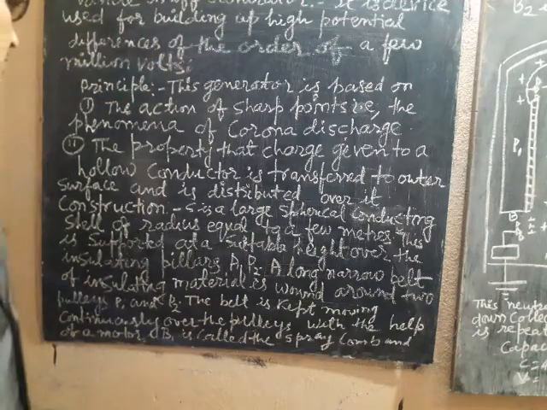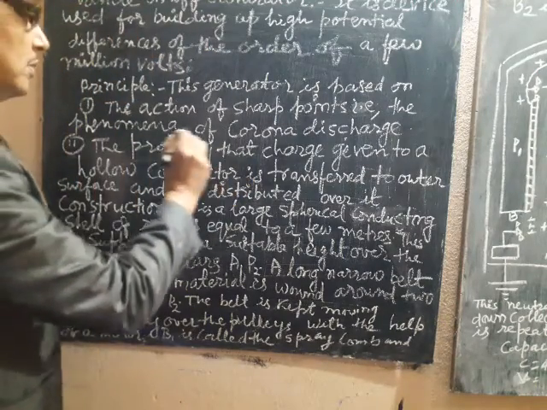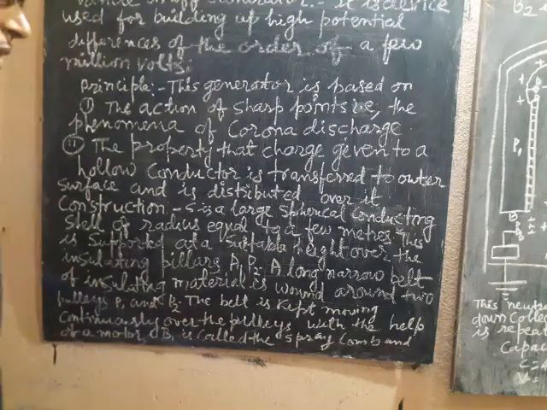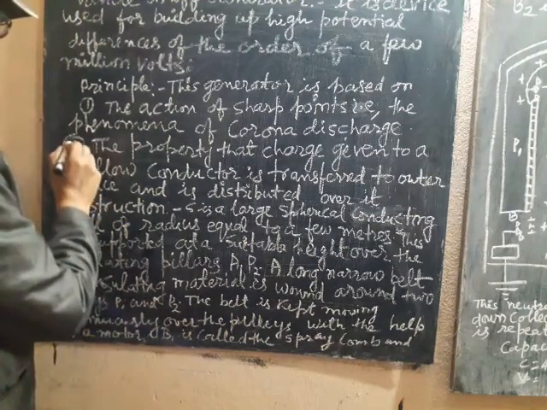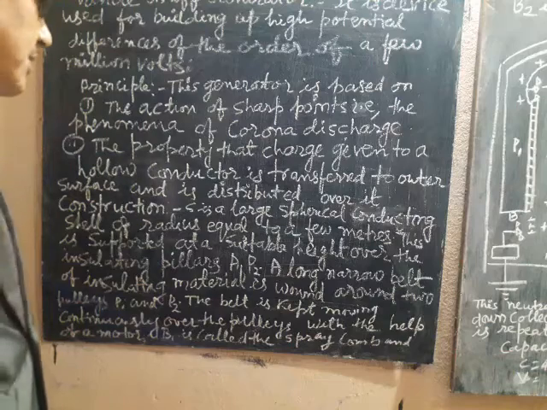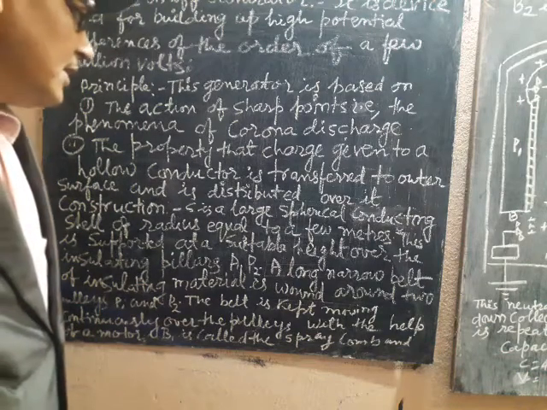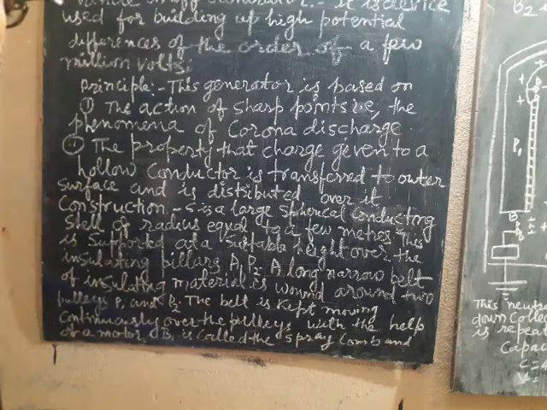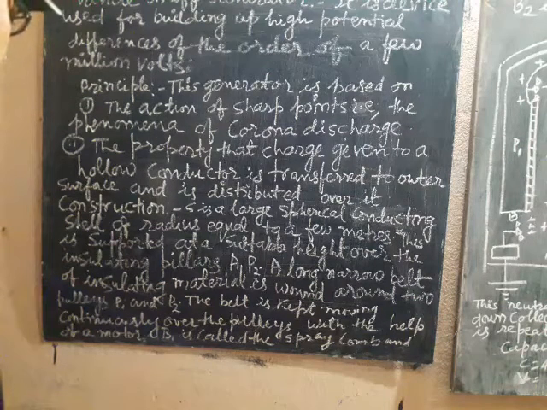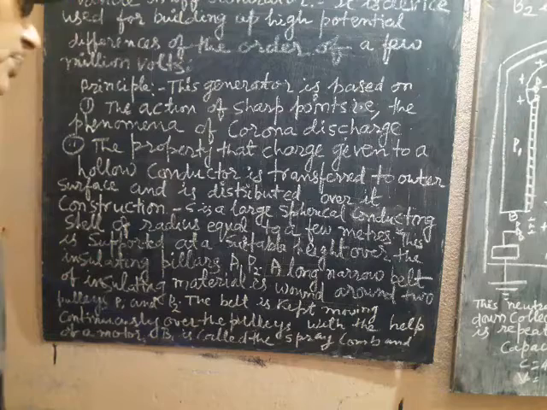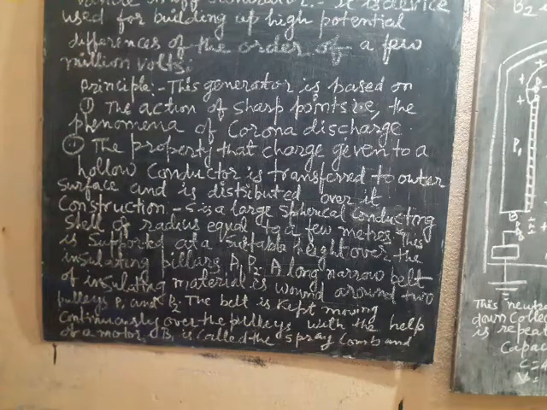Second, the property that charge given to a hollow conductor is transferred to the outer surface and is distributed over it.